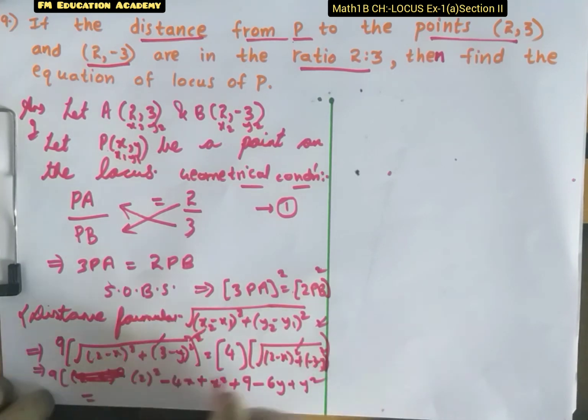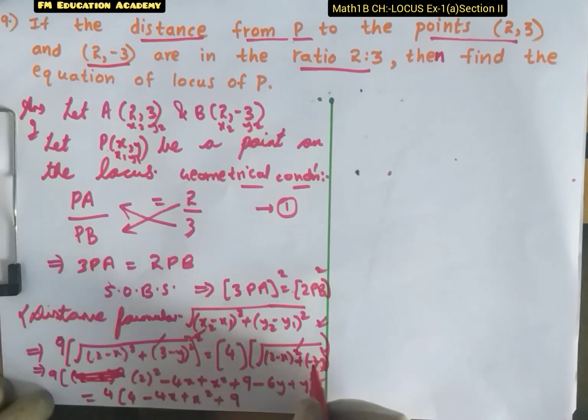That is equal to 4 into, again (A minus B) whole square: 4 minus 4x plus x square, plus 9 because A is minus 3 and B is y, so minus 2AB is minus 2 into minus 3, minus into minus is plus, so plus 6y plus y square.